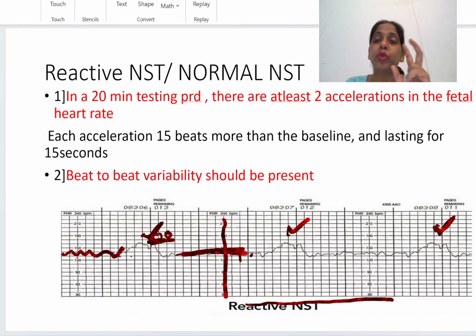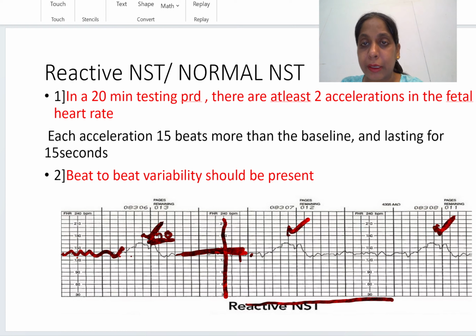At least two accelerations should be there in 20 minutes, and that is only possible if the fetus is having two movements. If those two rises are not present in the 20 minutes, then we say it is a non-reactive NST.